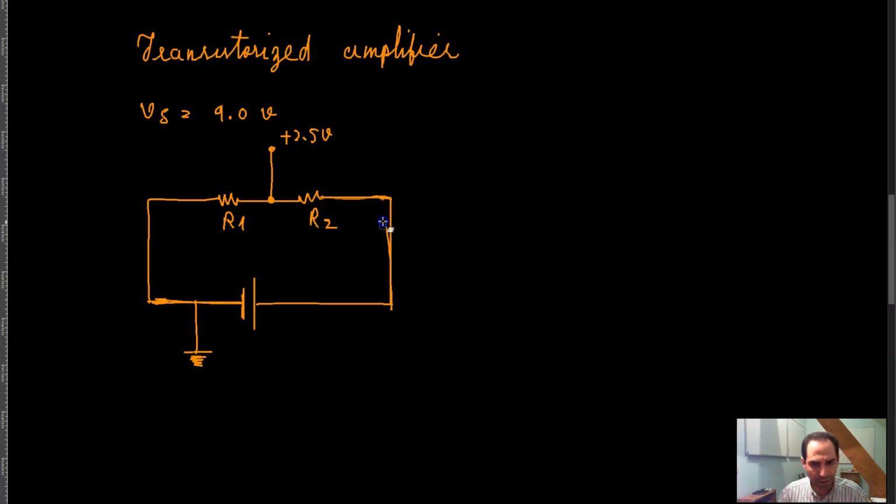And that is the ratio of R1 to R. For example, if you wanted to get the 2.5 volt voltage at this point, which is across R1, between these two points, so that is across R1.